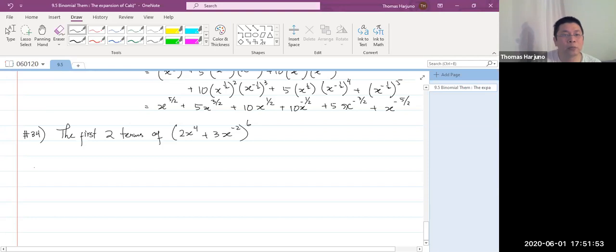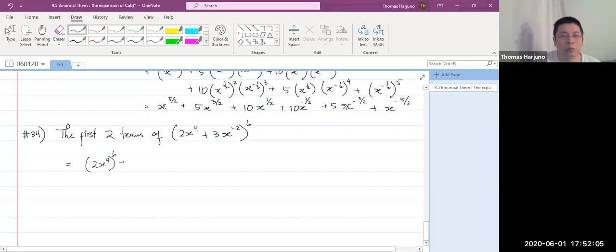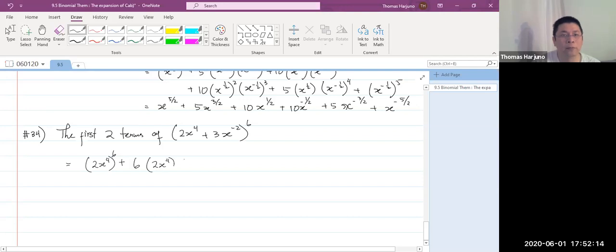So the first term will be 2x to the 4th to the 6th, plus, what is the coefficient? Next one, 6. And then 2x to the 4th to the 5th, times 3x to the negative 2. Okay, that's the first two terms.